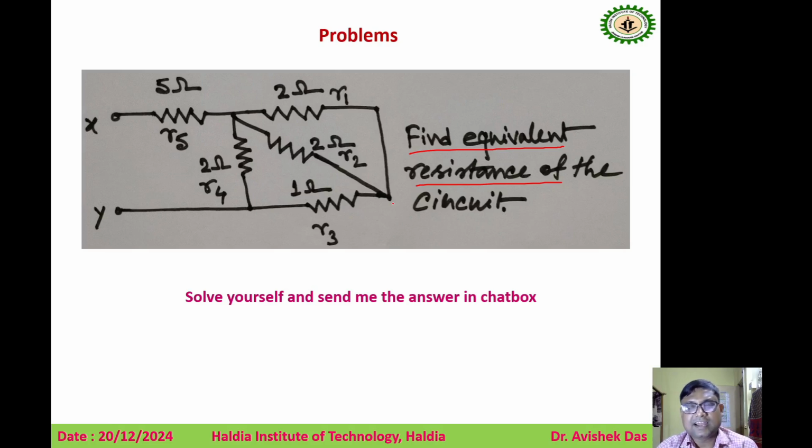Then you can easily determine the equivalent resistance, and step by step you can find the total equivalent resistance value. For this problem, in the next slide we discuss how to determine the equivalent resistance value.